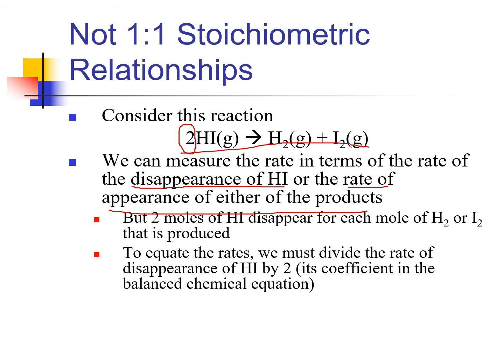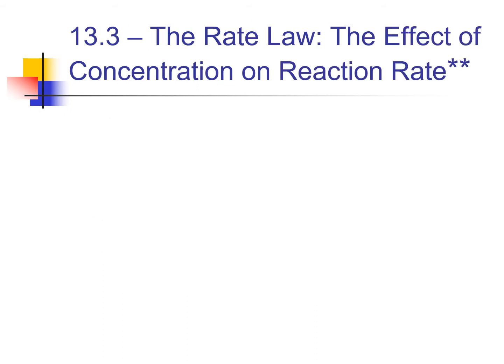We divide it by 2. If it had a coefficient of 5, we would take its rate, divide it by 5. Whatever the coefficients are, that's what we divide the rate of the appearance or disappearance of that by to get the reaction rate for the overall problem.